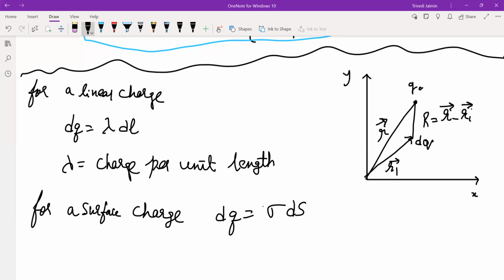Lambda is charge per unit length, and this is integrated throughout the length. Similarly, it will be integrated throughout the whole surface for surface. Linearly means length, surface means the area, throughout the area. The next will be volume. So what is sigma here? Charge per unit area.